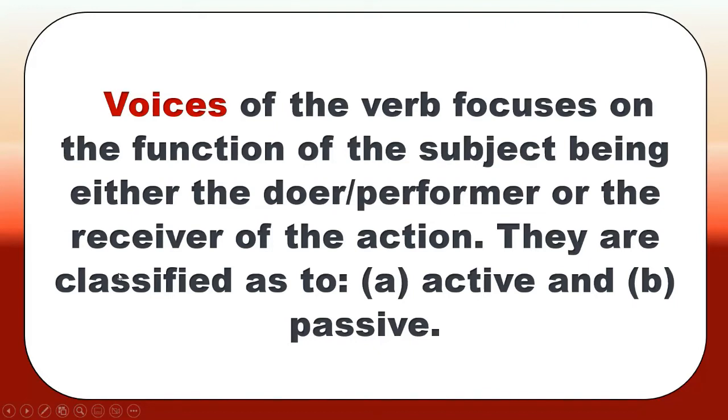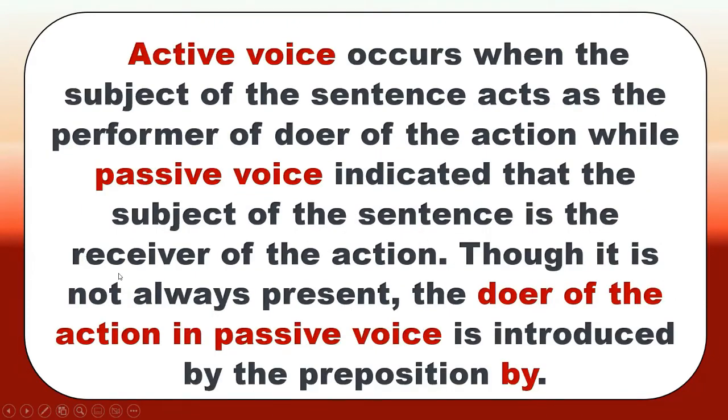Based on the example earlier, there's a doer and receiver of the action. Active voice occurs when the subject of the sentence acts as the performer or doer of the action, while passive voice indicates that the subject of the sentence is the receiver of the action.